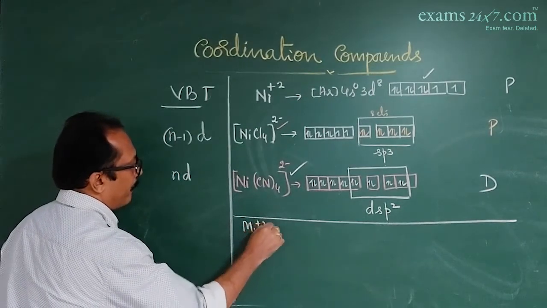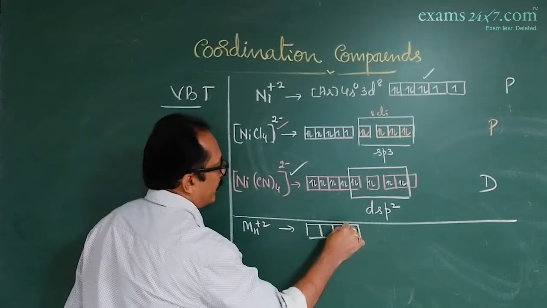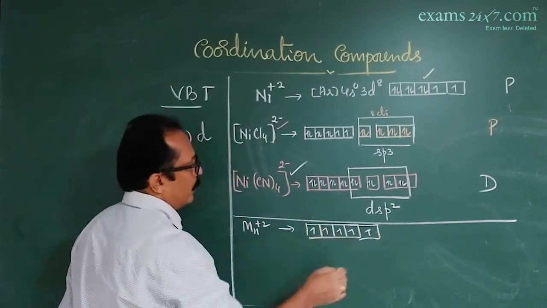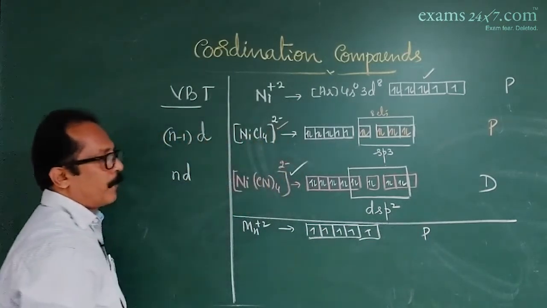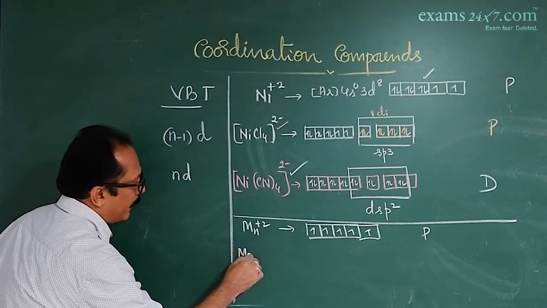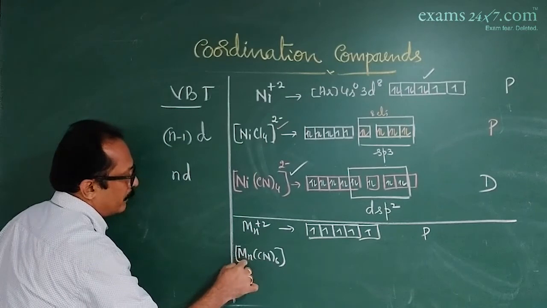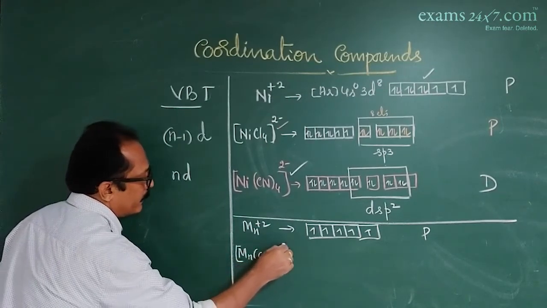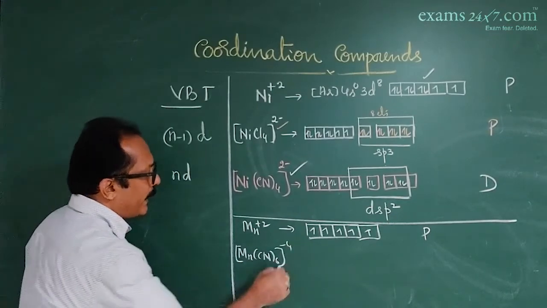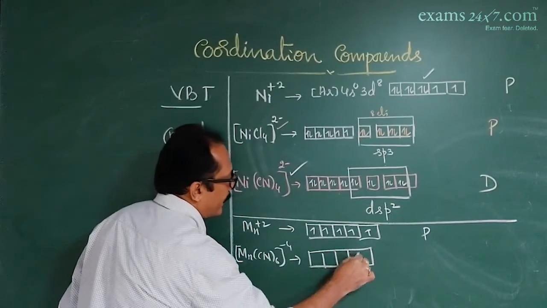Mn2+: in Mn2+, there are 5 unpaired electrons in the d orbitals. So this exhibits paramagnetic property. When Mn2+ combines with the cyanide ligand, [Mn(CN)6], the charge is +2 minus 6, which is 4-. And it is a strong ligand, so spin pairing takes place.